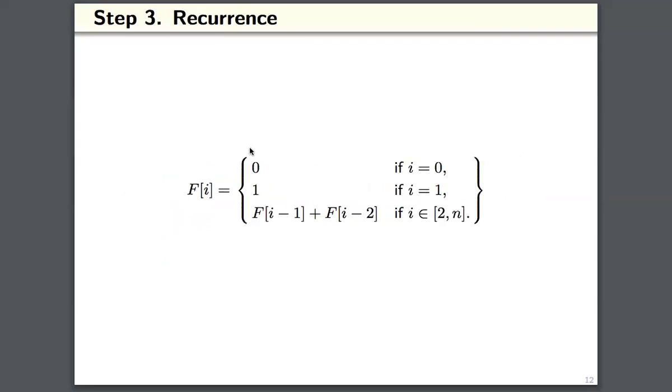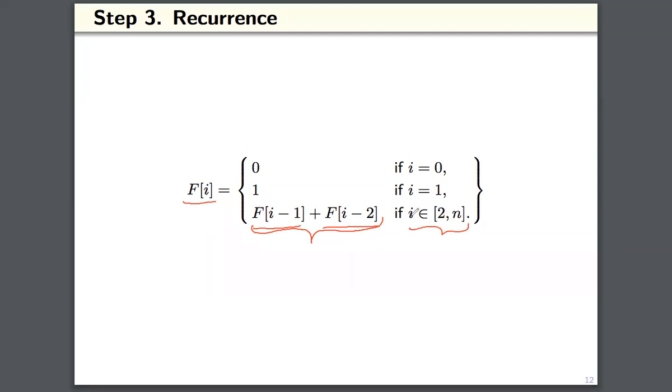And what is the recurrence? The recurrence you know already, because Fibonacci numbers, we have studied this before. The ith Fibonacci number is the (i-1)th Fibonacci number plus the (i-2)th Fibonacci number, right? The ith Fibonacci number is the sum of the previous two Fibonacci numbers if i is in the range 2 to n, right?